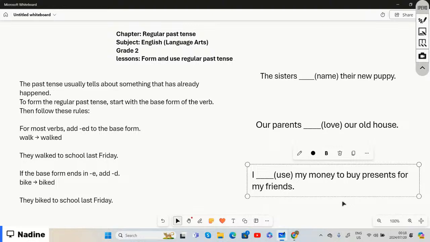All right. So now if we look at our sentence, it says my sisters name the new puppy.